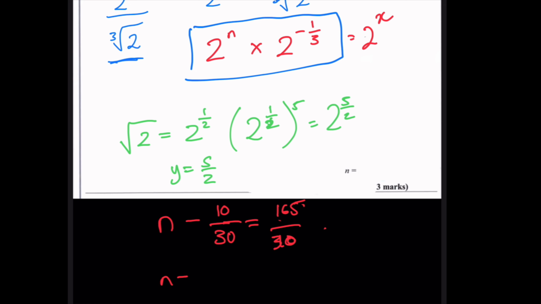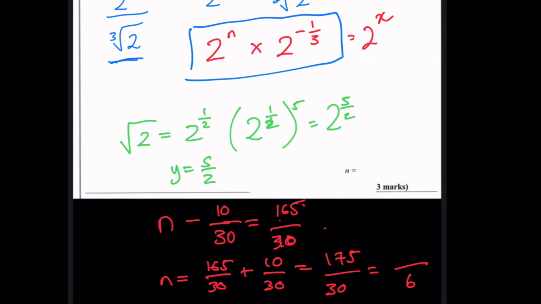So n equals 165 over 30 plus 10 over 30, which gives me 175 over 30. Can we simplify this? The answer is yes, and we can divide both sides by 5.